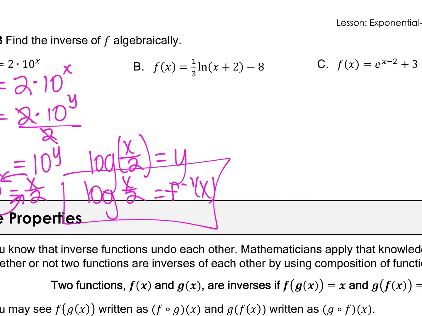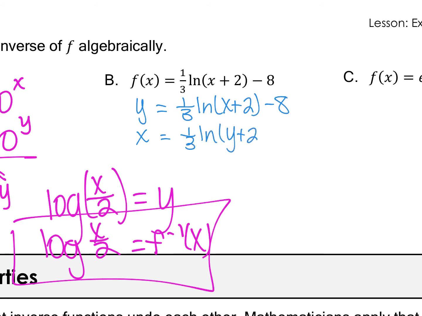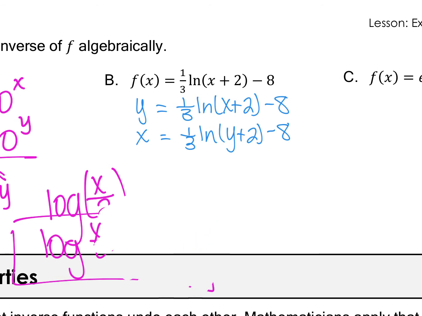Okay, looking at the next one, first step is to change f of x to y. Switch your x and y. And then you need to isolate your y. So make sure you're isolating either the base and exponent if it's exponential, or isolating the log if it's a log function.